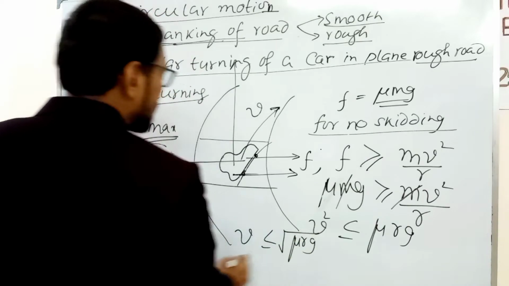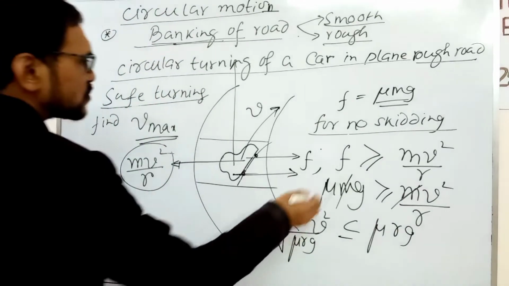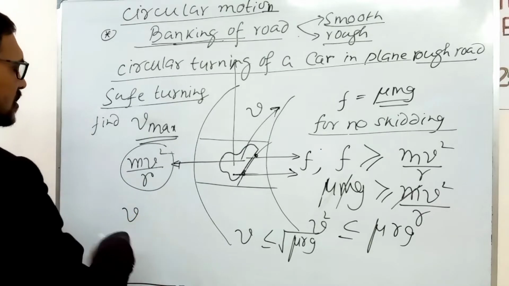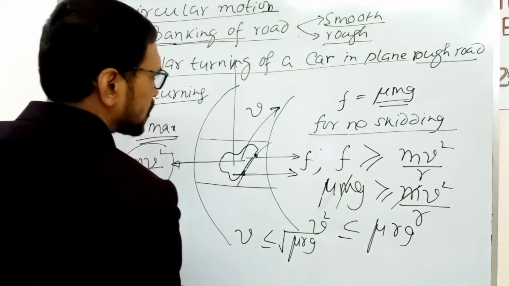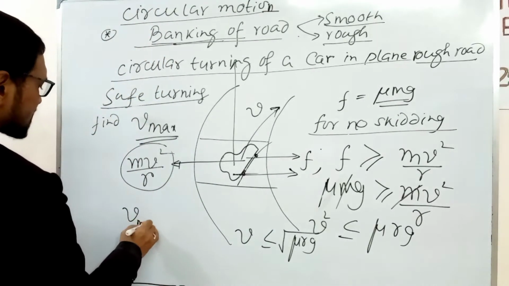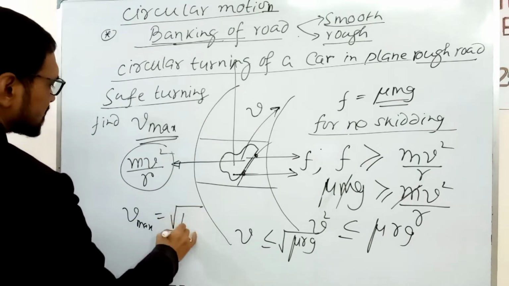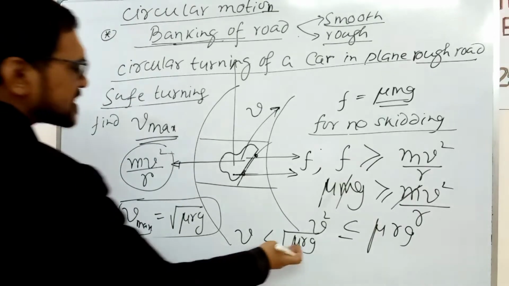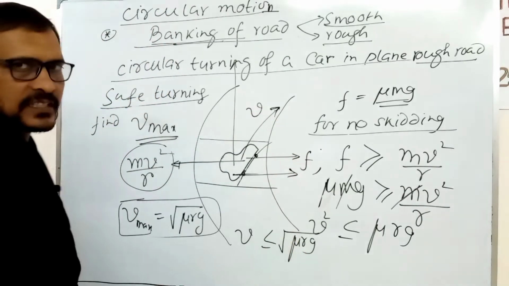So this is the maximum speed, the maximum speed for no skidding. This formula comes in the NEET exam. What is the maximum speed for no skidding? The answer is v maximum equals root over mu r g. So the velocity of the car should be less than or equal to this for safe turning.